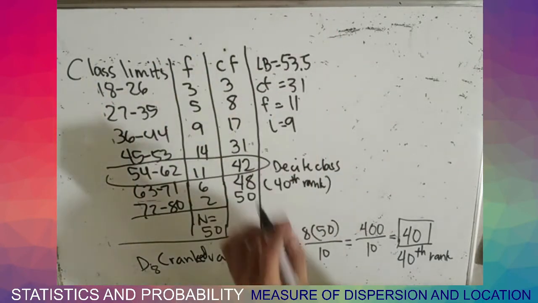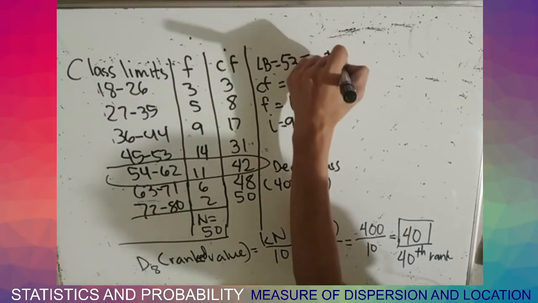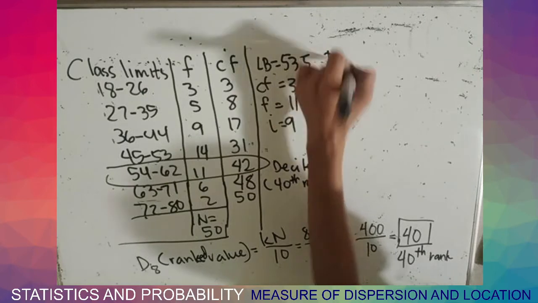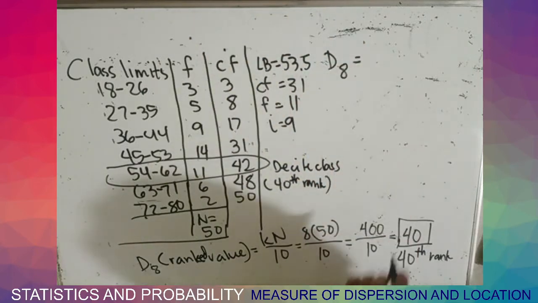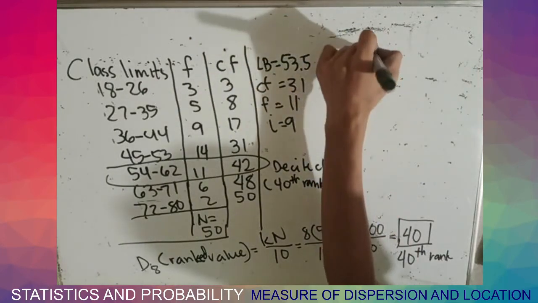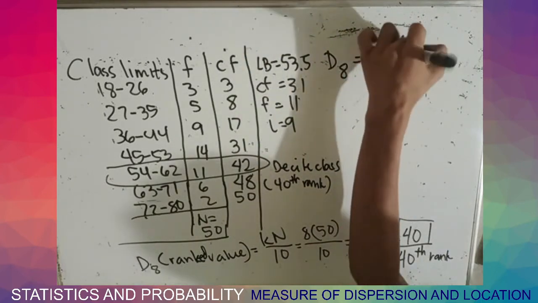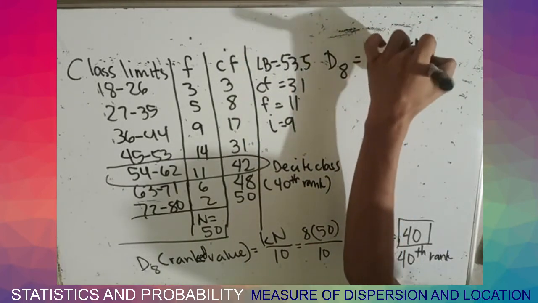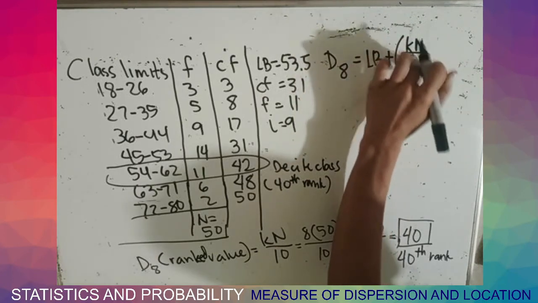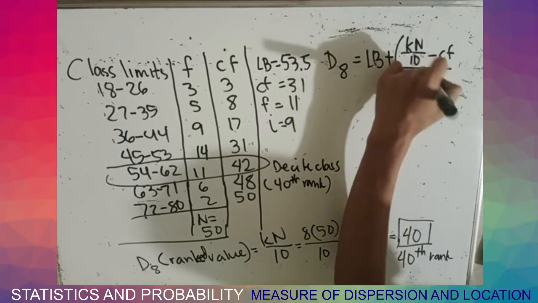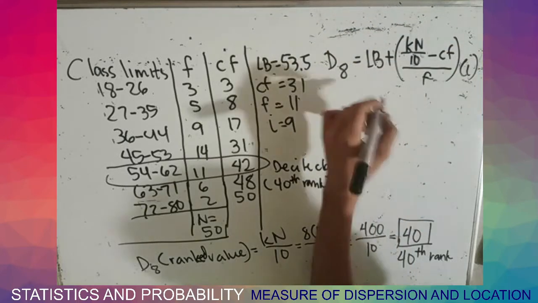Then, pwede natin gamitin si formula ng pagkuha ng decile. So, ang ating kukunin ay 8. So, D sub 8 is equals to LB plus Kn over 10 minus CF over frequency times interval. Okay?